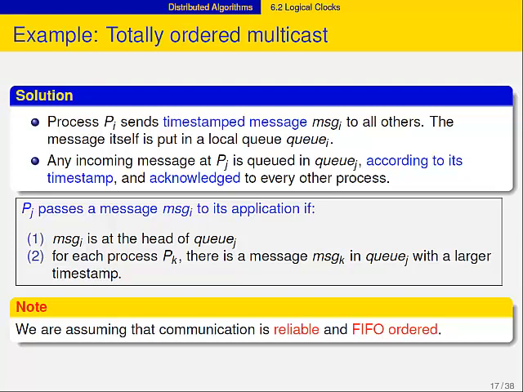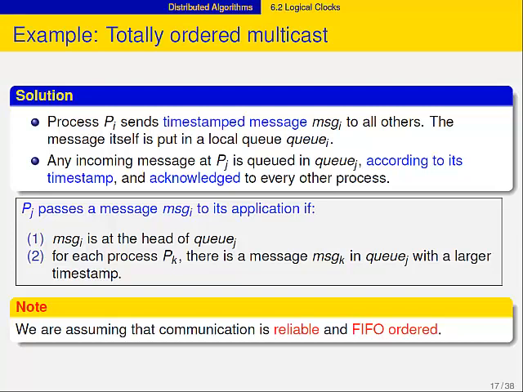This is the extreme case. I am not permitted, for the sake of consistency, to hand out my request to the database because there may be a message floating out there in the system, an update request, which will get a lower timestamp than mine. You go first. That's the whole trick.